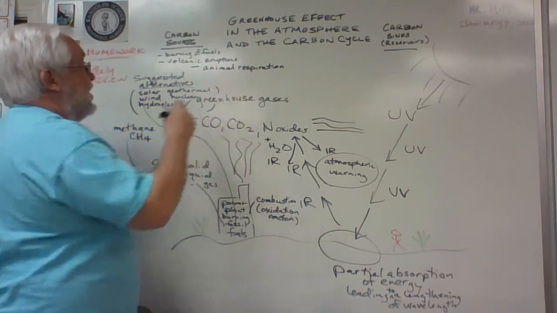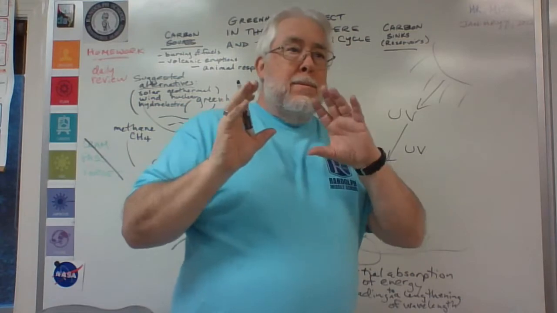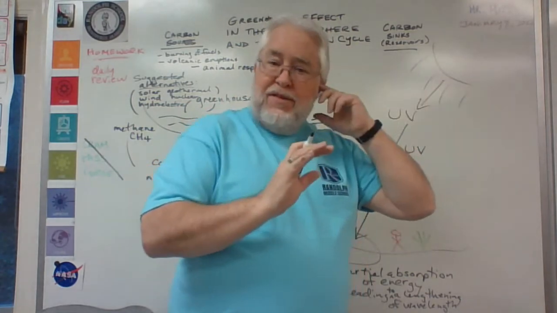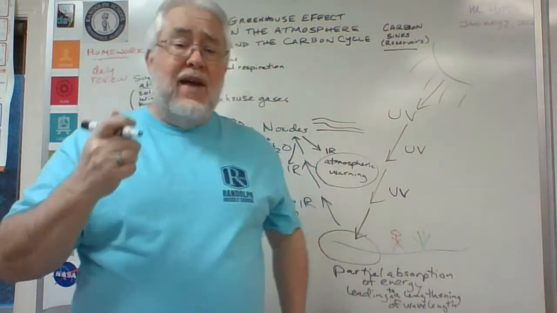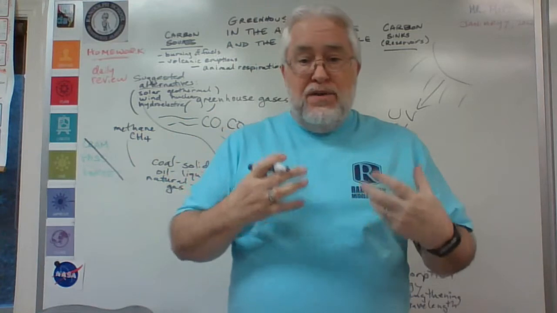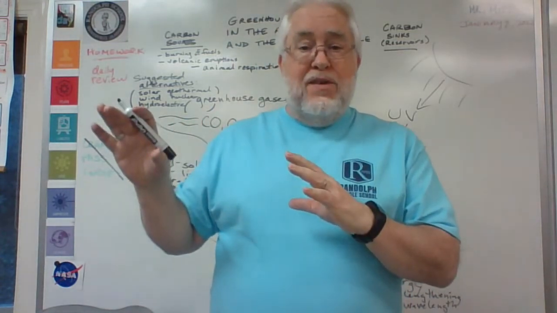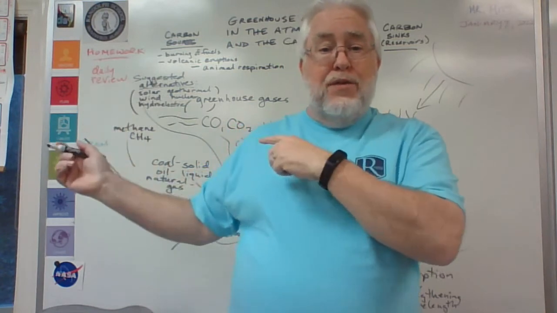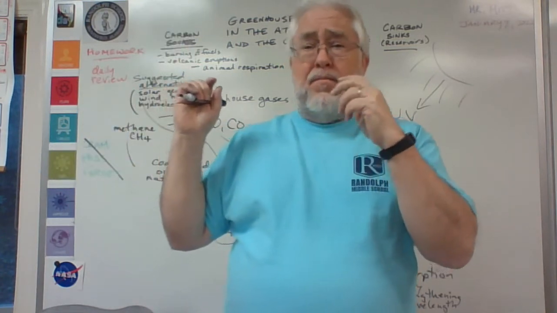So animal respiration actually puts a fair amount of carbon into the atmosphere. And it's not only carbon as in carbon dioxide, but for instance, flatulence in persons or in plants can put out methane into the atmosphere. Now, methane we know is a fossil fuel, but it can also be a greenhouse gas.